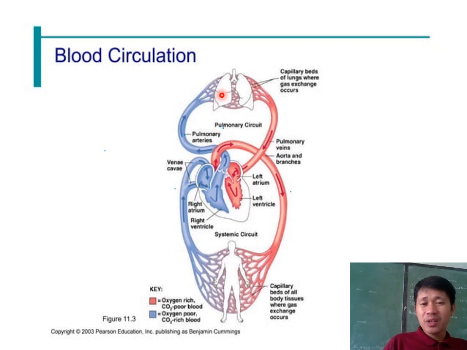Okay, and once it is oxygenated, by the way, these blue blood vessels here, class, are blue because they are oxygen poor. It's deoxygenated. The blood here doesn't have oxygen. So once it fetches oxygen from the lungs, it will turn red, oxygen rich, or oxygenated blood, right? So from the lungs, the oxygenated blood will travel back into the heart, specifically to the left atrium, where it will again contract slightly to fill the left ventricle with blood.